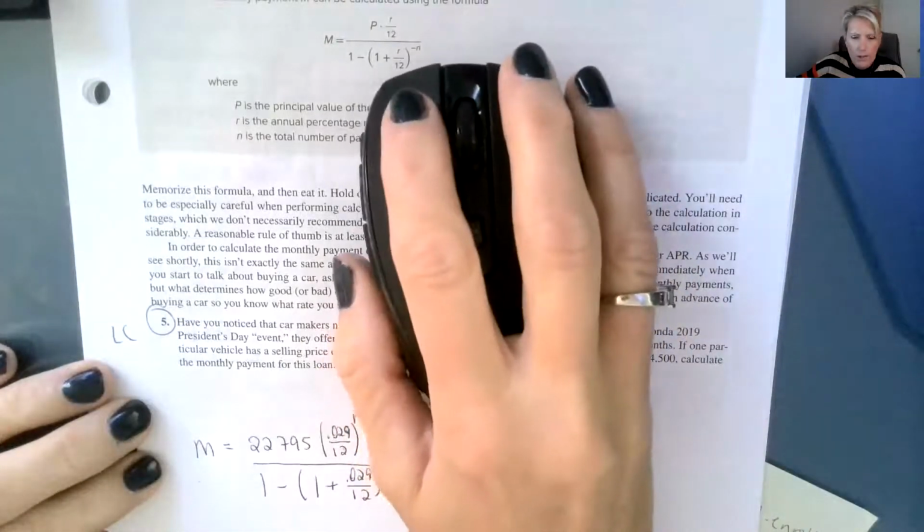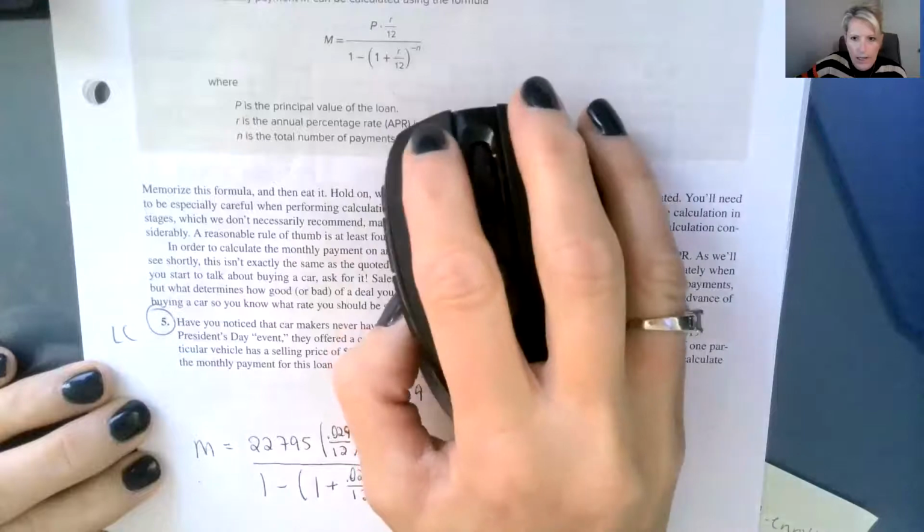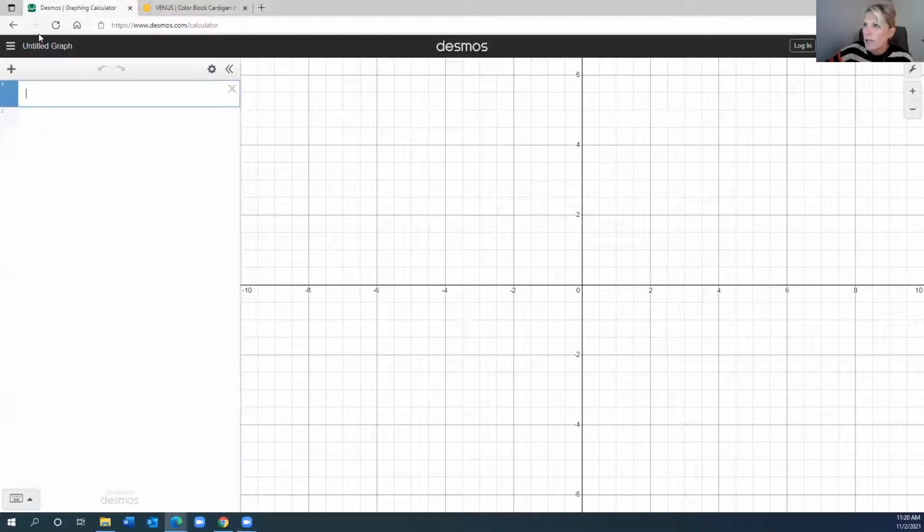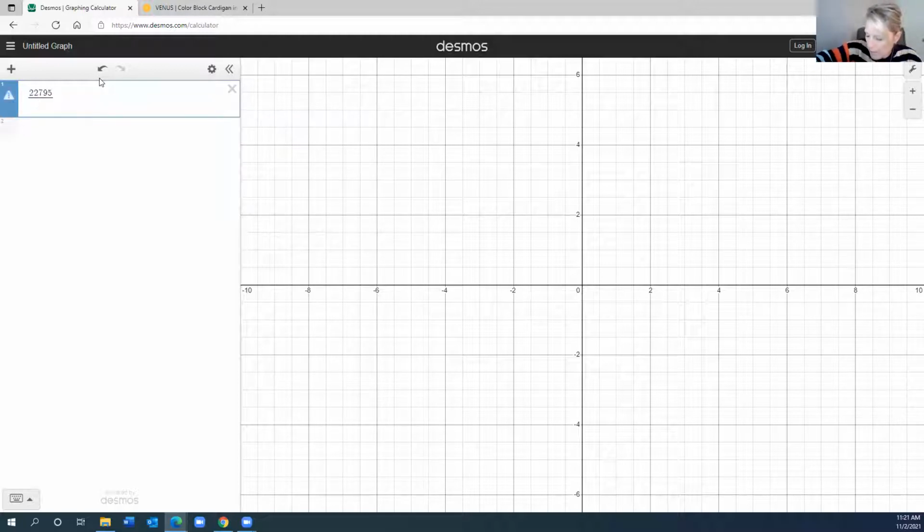So I'm going to share my screen, and I am going to show you how I encourage you to just make one file that's just a monthly payment formula. So I'm going to put this in as an example so that I've got numbers in there. So 22,795, and then I'm just going to make a fraction, and then once you get the fraction going, then you can edit it.